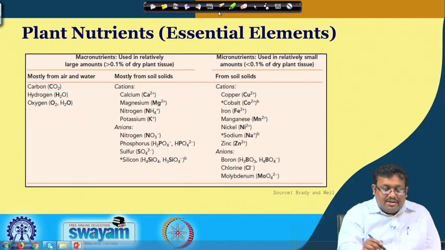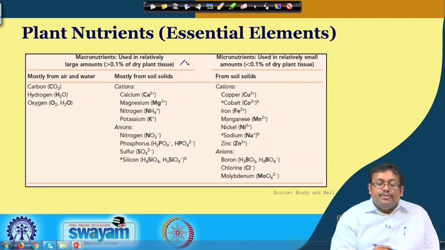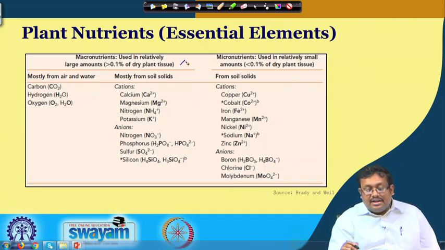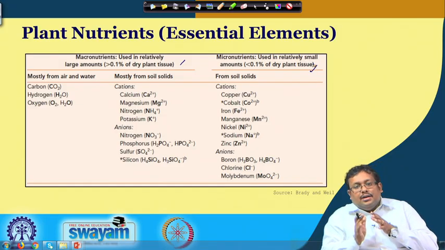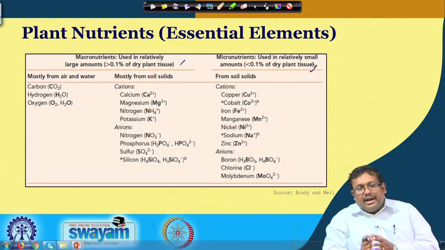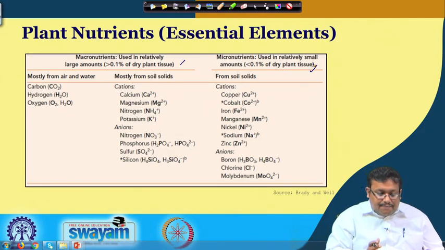Macronutrients are required in relatively higher amounts, that is greater than 0.1% of the dry plant tissue, whereas micronutrients are used in relatively small amounts, that is less than 0.1% of the dry plant tissue. But irrespective of the quantity required, they are essential. That means even if a micronutrient is absent from the soil, the plant cannot complete its life cycle.